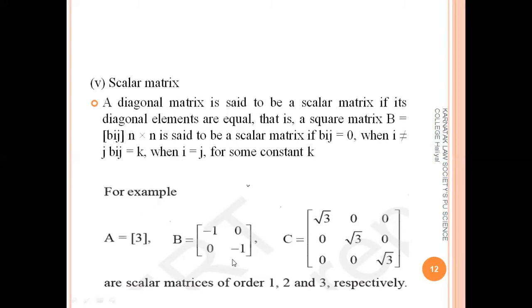Here, the principal diagonal elements are equal: minus 1 in the second example, and root 3, root 3, root 3 in the third example. All other elements are 0. These are the examples of scalar matrices of order 1, 2 and 3 respectively.